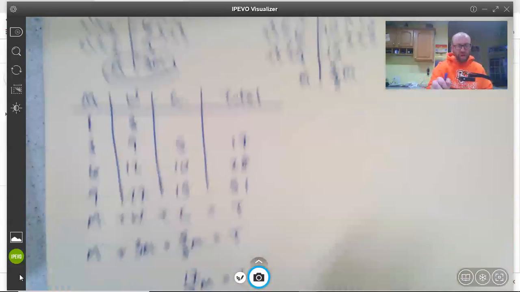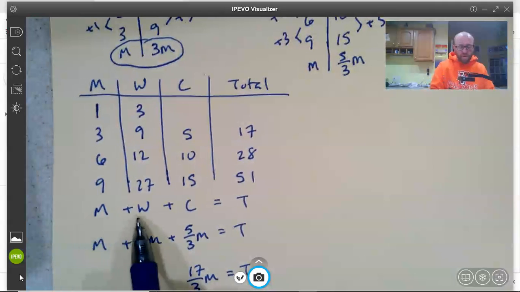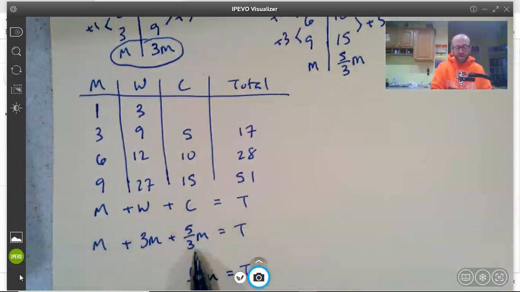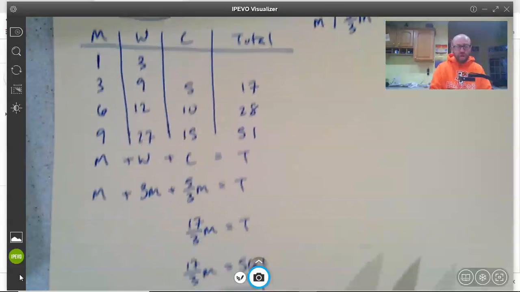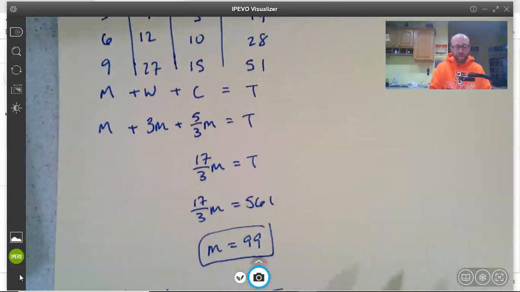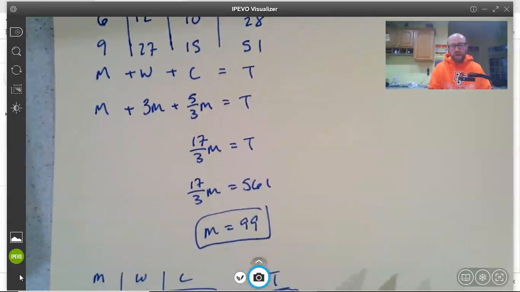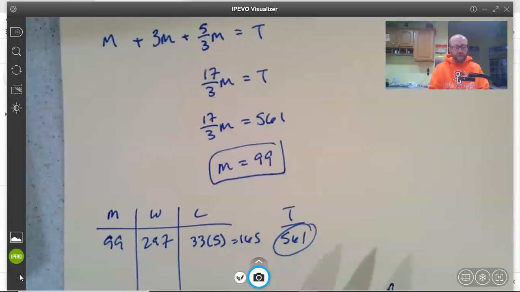And then we just went down here and wrote an equation that said men plus women plus children equals total. Men plus, instead of women, 3 times the number of men. And instead of children, 5/3 times the number of men equals total. And then we just had to substitute 561 for our total and solve and get 99 men, which we then tested to see if that worked.